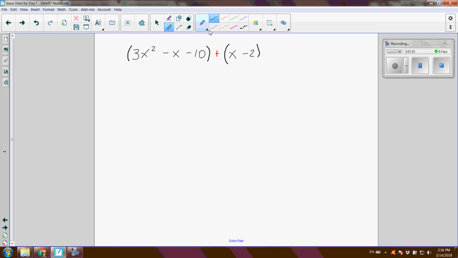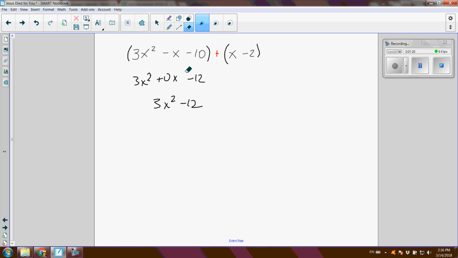The 3x squared is the only term with x squared in it, so we have 3x squared. We have a minus x and a plus x, which cancel out, so I could put plus 0x if I want to. Then the negative 10 plus the negative 2 gives us negative 12. We simplify that to 3x squared minus 12.